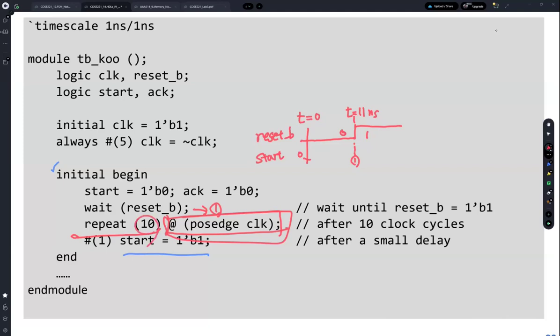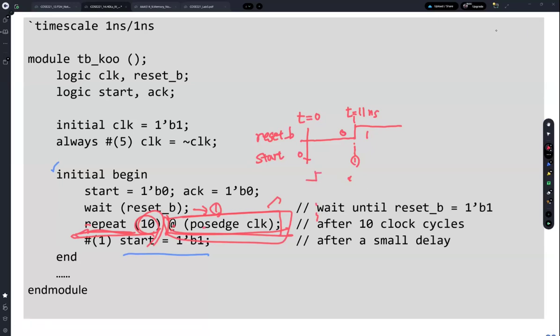It is equivalent to 10 lines of at positive edge of clock, because you can find repeat 10 times of this statement. So this is the meaning of repeat.